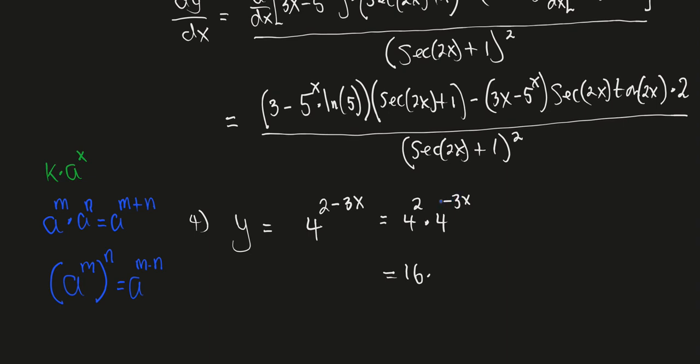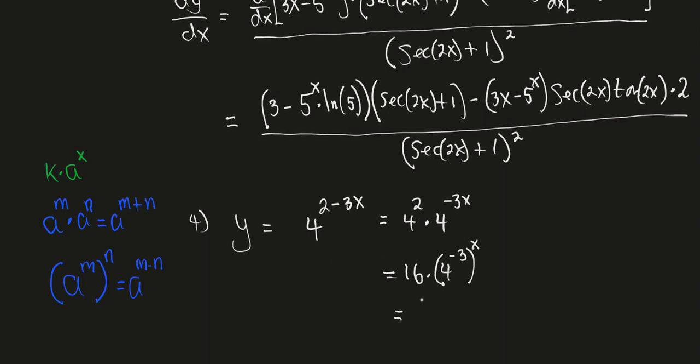Well, what I can do is I can say, well, this is like the m, and the x is like the n, and clearly here the a is 4. But I can rewrite it like this. I can make it 4 to the negative 3 power all to the x power, right?